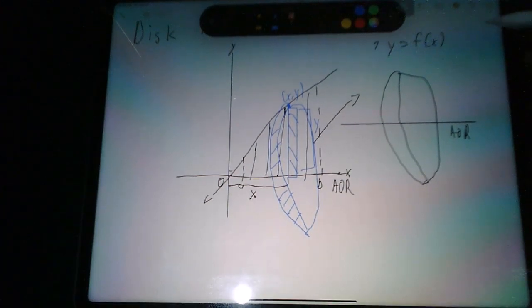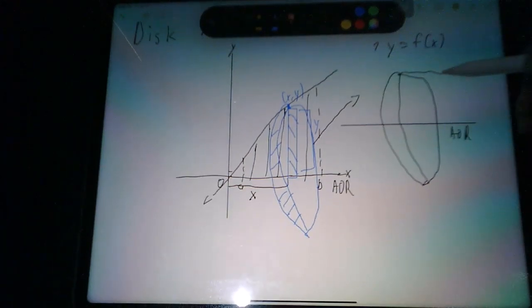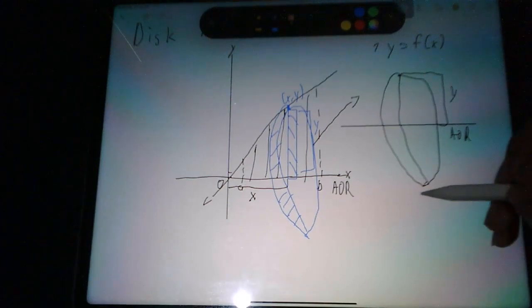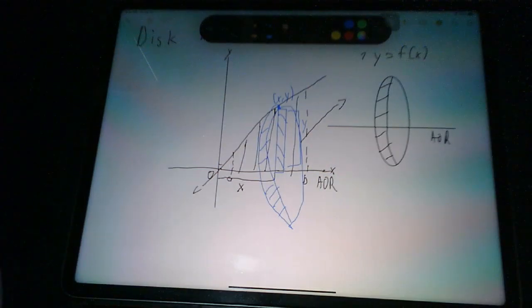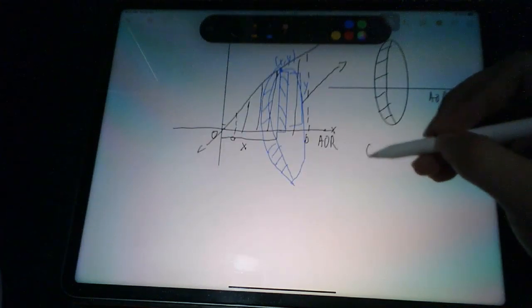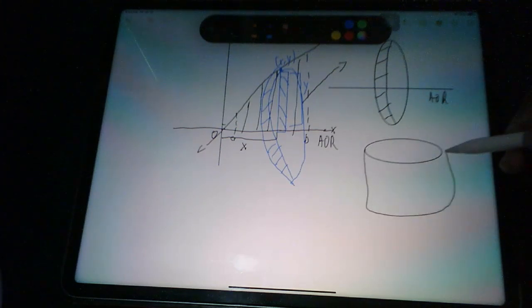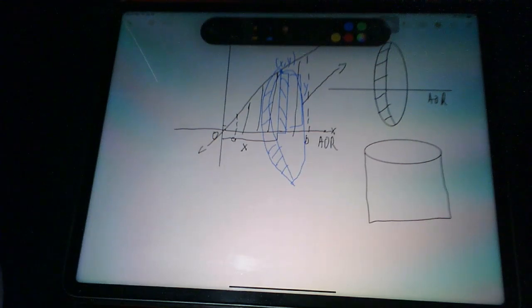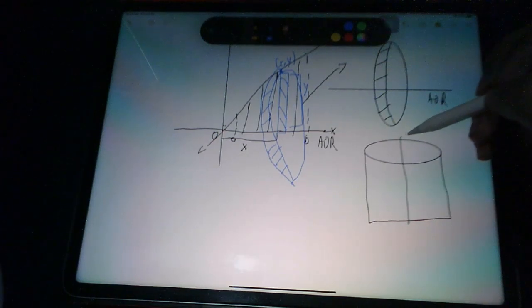So if this is our y and this is our dx, let's say first we are going to make a cylindrical disc. So this is our cylindrical disc, and this part here is just our radius.